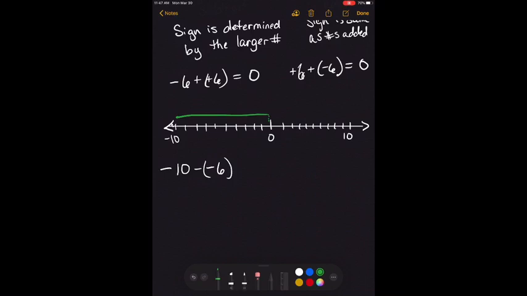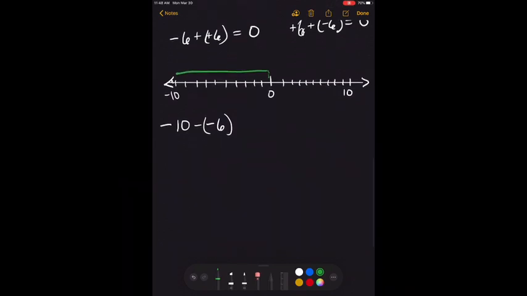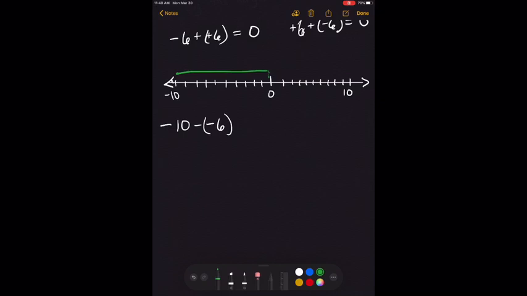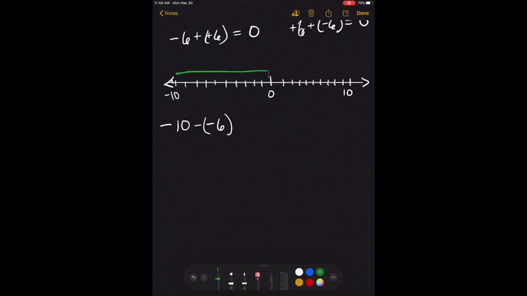Now this one's kind of tricky because if we're going to subtract -6, it's just like saying I'm not going somewhere, because we have two negative signs. And when we have two negative signs together like that, they essentially cancel each other out.